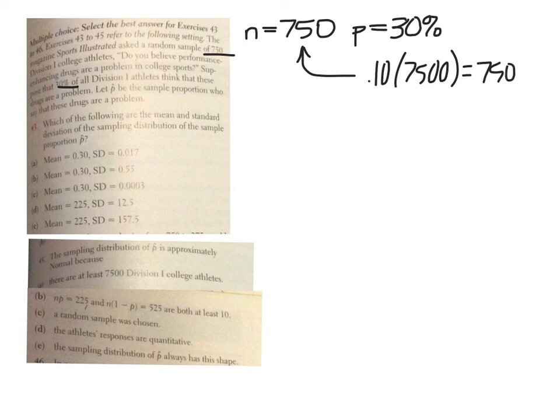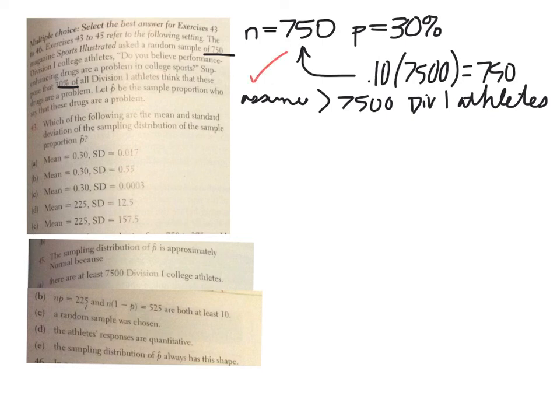And so let's assume there's more than 7,500 Division I athletes out there. Again, this is multiple choice. You didn't even have to do that, but I wanted to be accurate here. If we're using the standard deviation formula, we need to check the 10% condition. So the 10% condition is met.